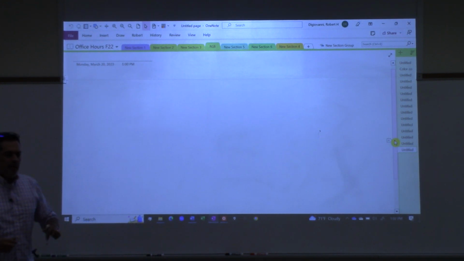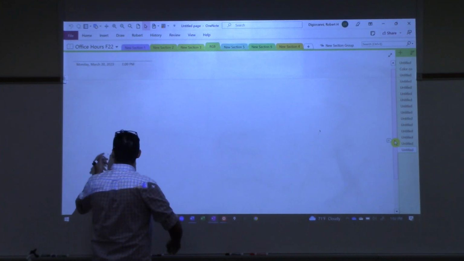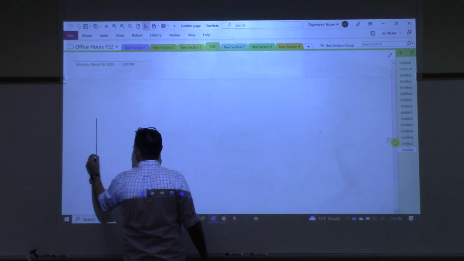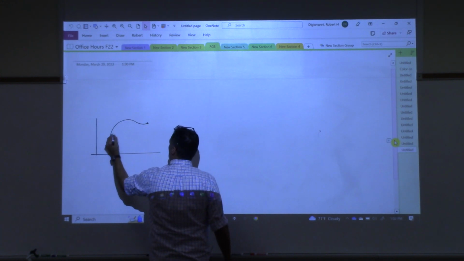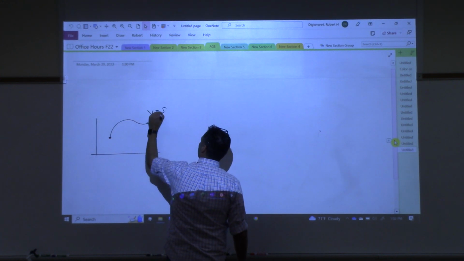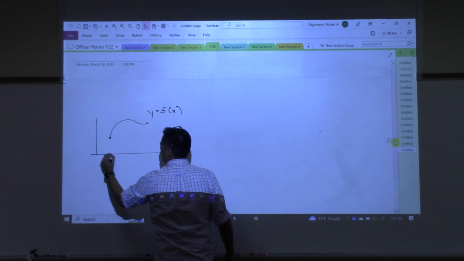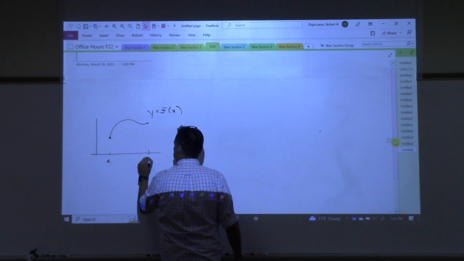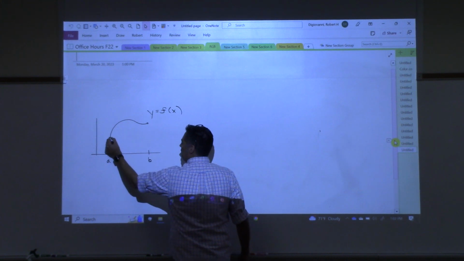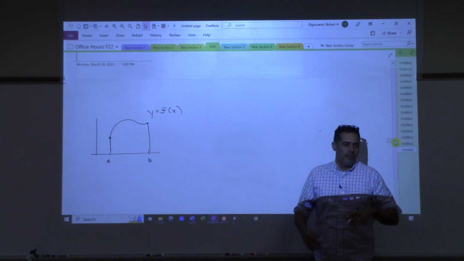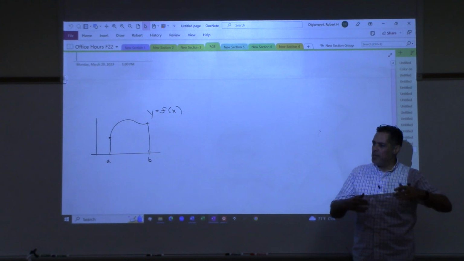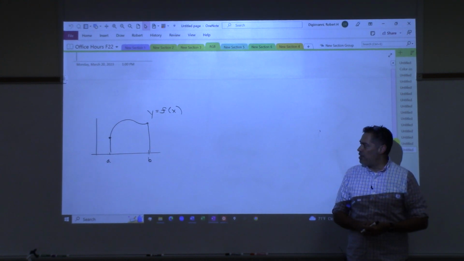But in Cal 2, we should have walked away understanding that if you take y as some function of x, and you restrict it onto some closed interval a, b, then we can start talking about the area under that. That's where the antiderivative and the definite integral were used.